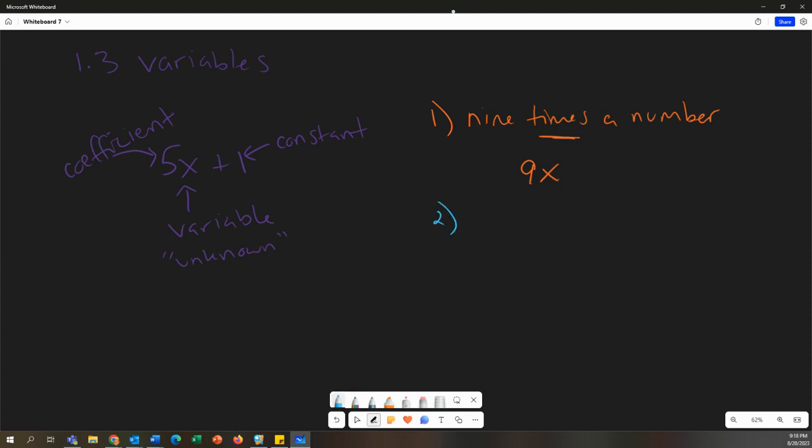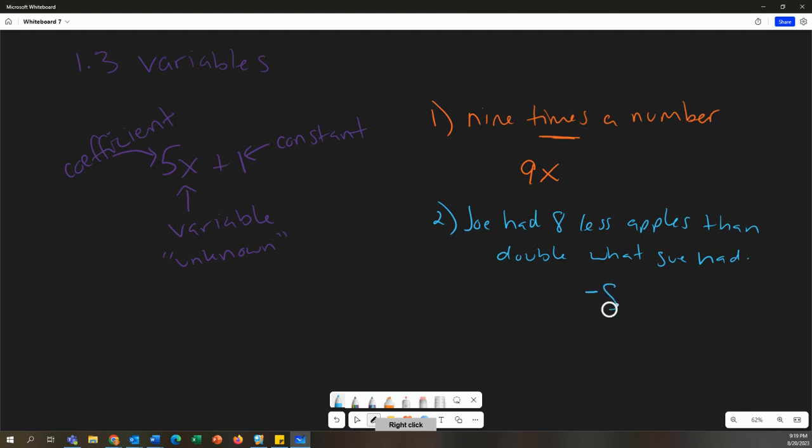The next one, let's look at: Joe had 8 less apples than double what Sue had. Okay, so Joe had 8 less apples.